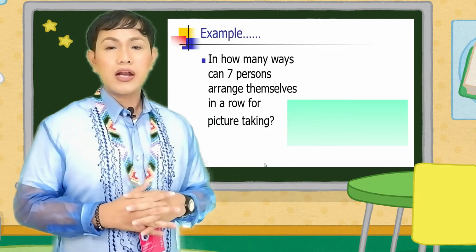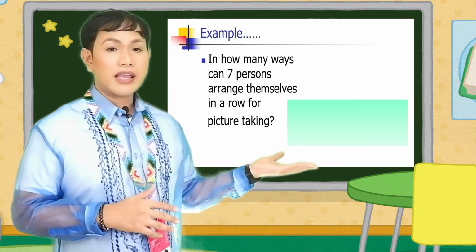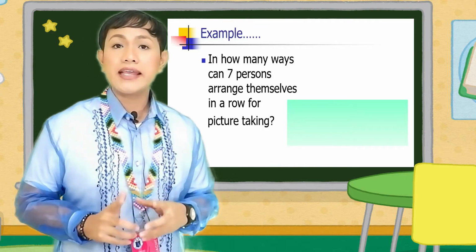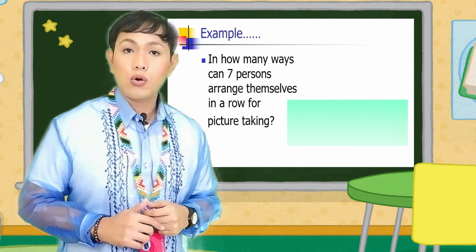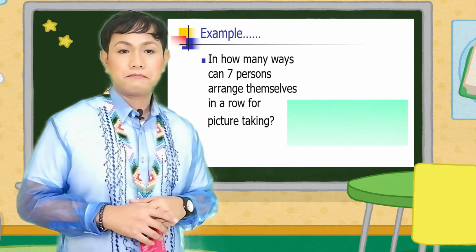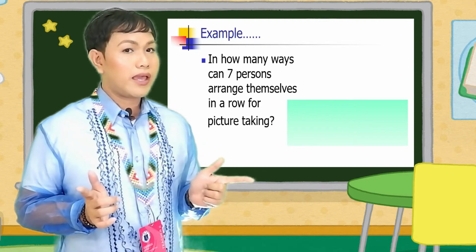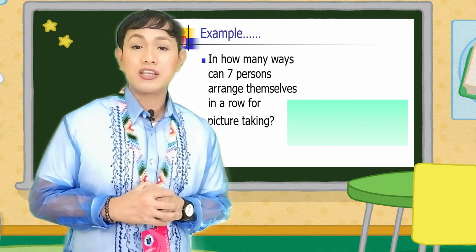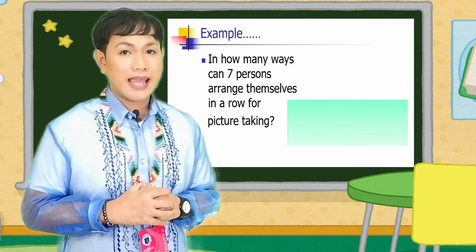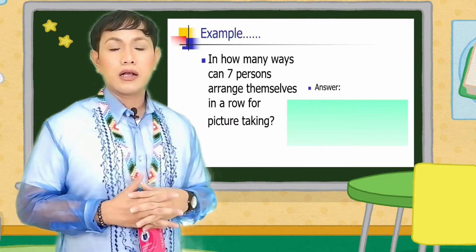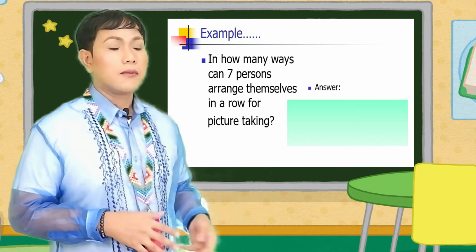And let us have more example. Another is, in how many ways can 7 persons arrange themselves in a row for picture taking? I will repeat, in how many ways can 7 persons arrange themselves in a row for picture taking? So the same formula or notation to be used.